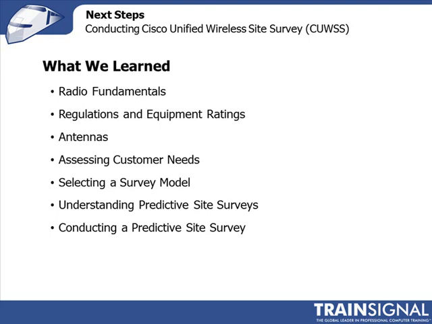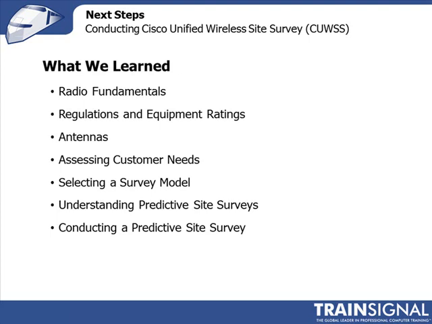We then went on to discuss survey models. Is this a data-only network? Is it a voice network, high density, location-aware, bridge or mesh? We then went on to trying to understand what a predictive site survey is. So this is where I predict where my access point should go, what my coverage would look like given a location map, and some basic understanding about the RF environment, such as is this a cubed office environment, a walled office, an outdoor environment.